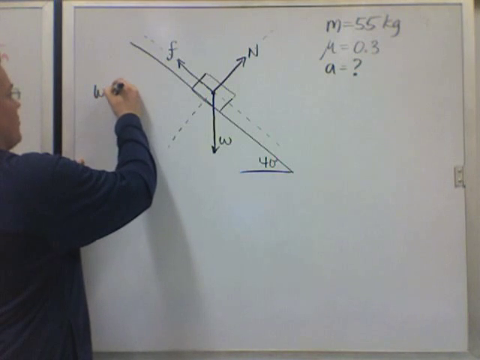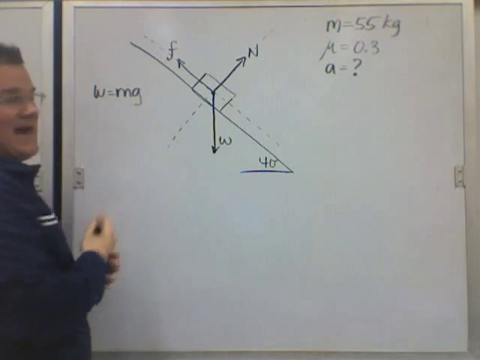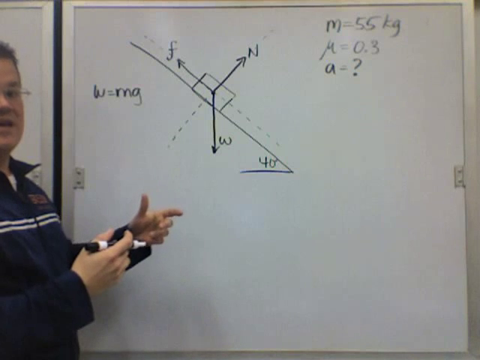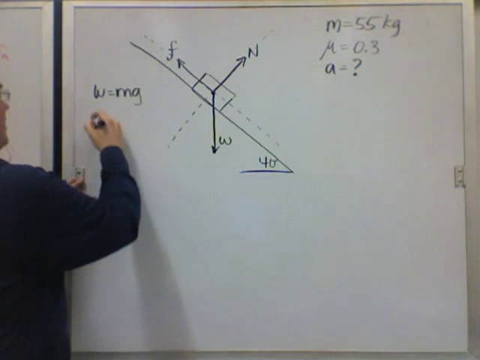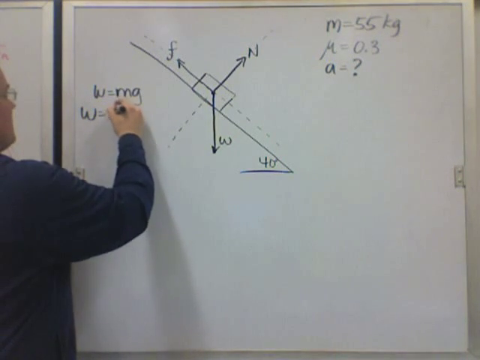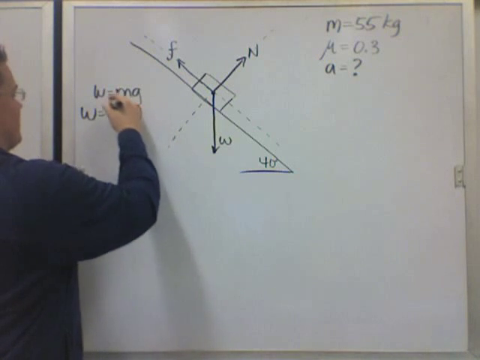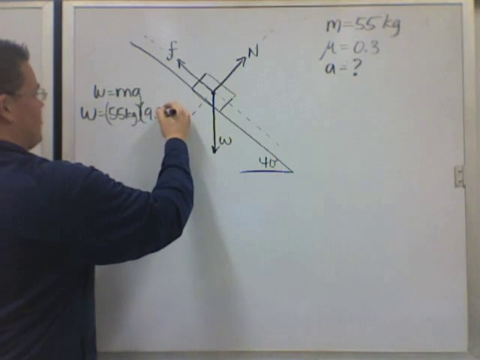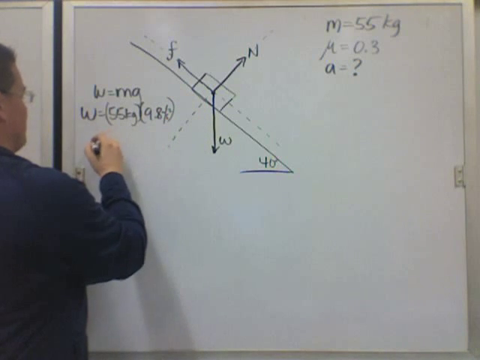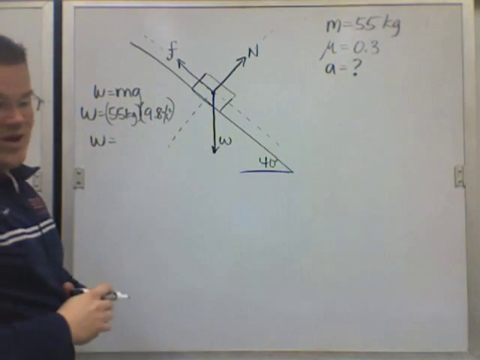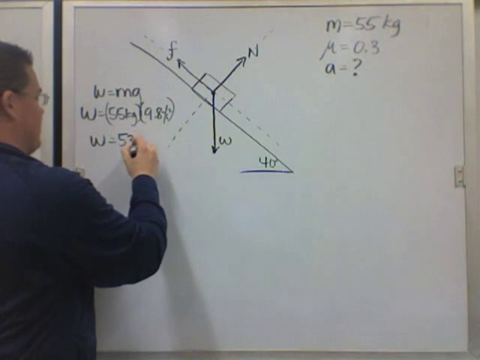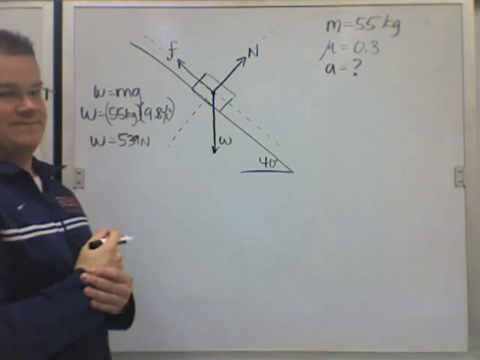We know the equation for weight is mass times gravity. And you've been given that the mass is 55 kilograms, so weight is going to be 55 kilograms times 9.8 meters per second squared. You get a weight of 539 newtons.